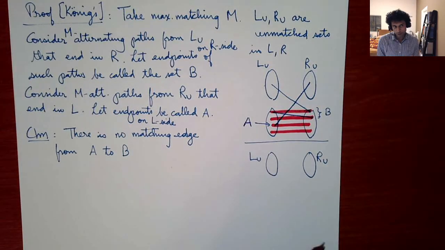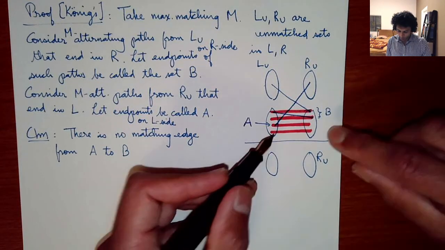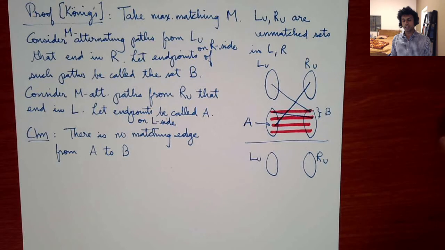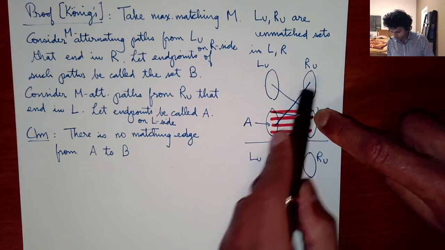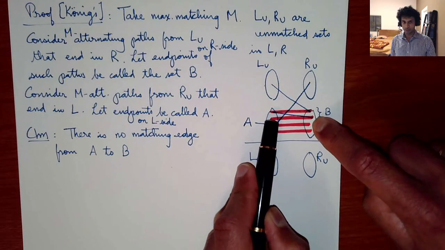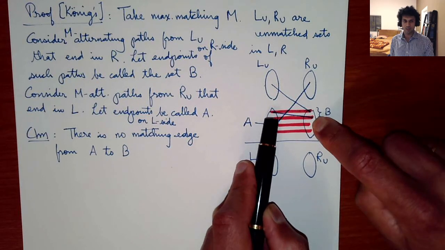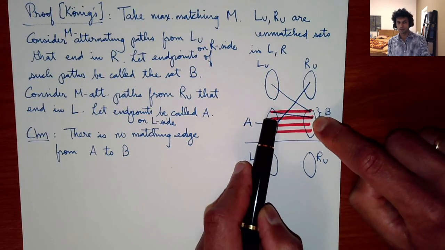Now, hopefully this picture is going to tell you why you cannot have a matching edge from A to B. Because they're already matched? Or why can't you have an edge that goes from RU to the matched partner of B?